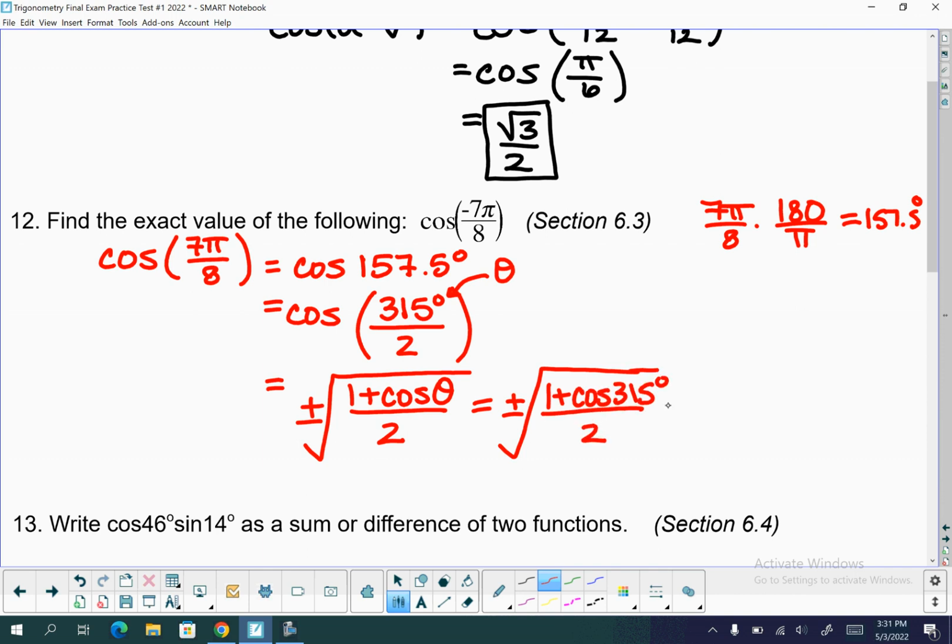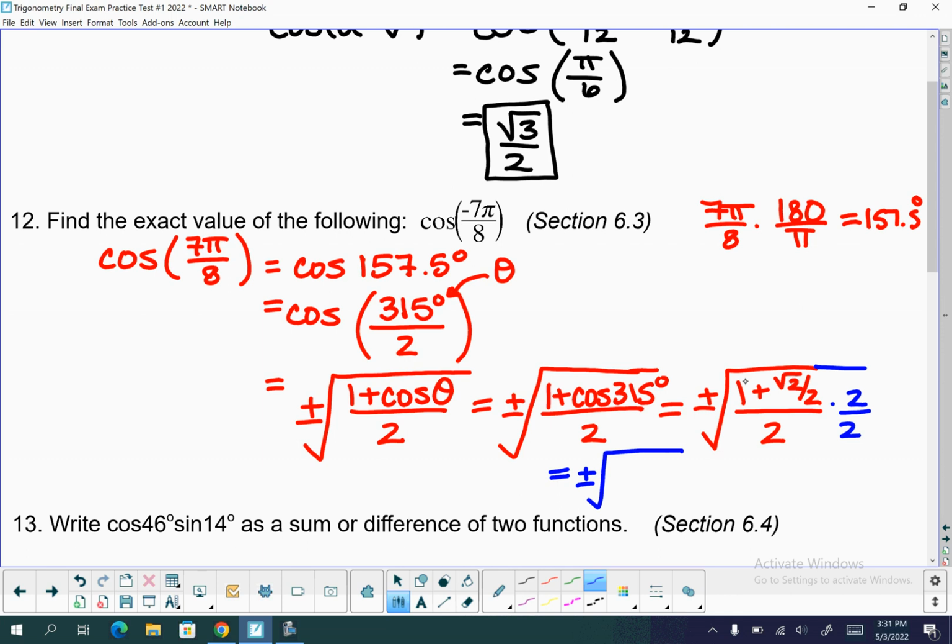over 2. From your unit circle, you should know that the cosine of 315, the x coordinate at 315, is a positive rad 2 over 2. To simplify this, we multiply inside, underneath the radical, by 2 over 2. So that's going to give me plus or minus.